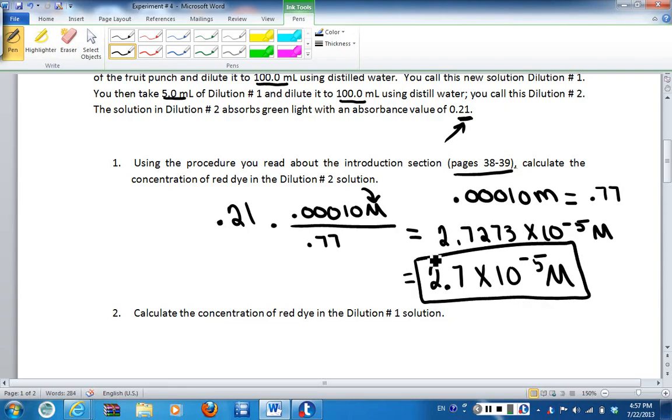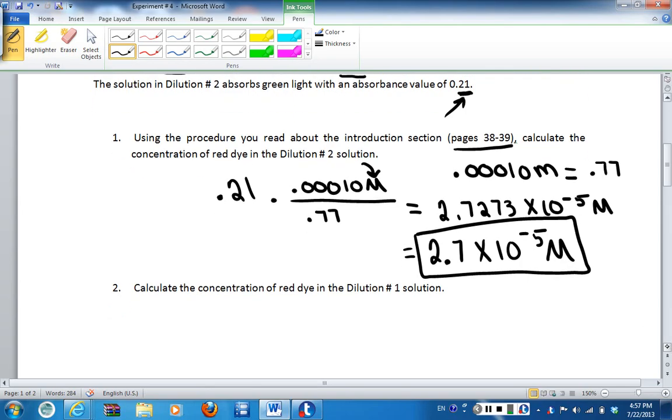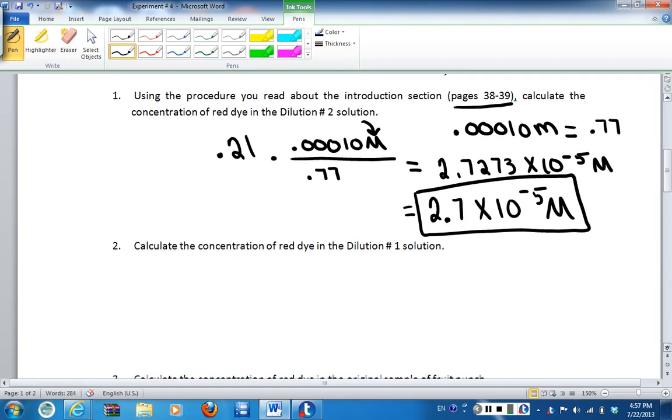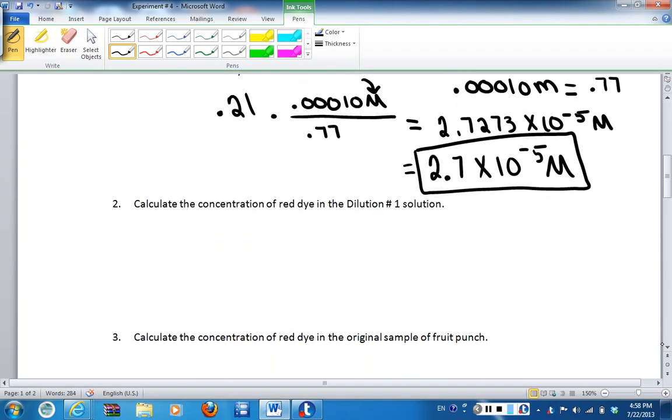But if you recall, we want to know the concentration of red dye in the original concentrated solution. So we have to back calculate. Now that we've compared it to a standard, we have a concentration, and now we need to work backwards. So now we need to determine the concentration of red dye in the dilution number 1 solution. We already have it in number 2, but we need to figure it out now in dilution number 1.